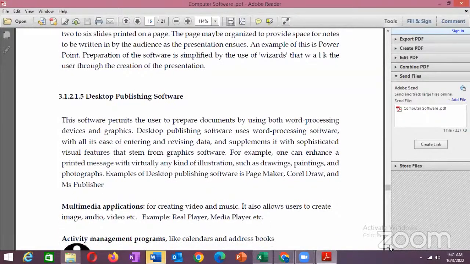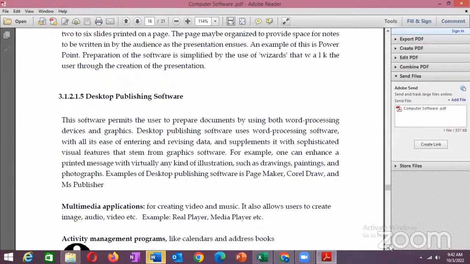Then we have what we call desktop publishing. This software permits the user to prepare documents by using both word processing and graphics. So desktop publishing software uses word processing software with all its ease of entering and revising data, and supplements it with the sophisticated visual features that stem from graphic software.